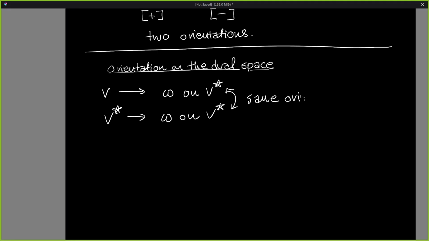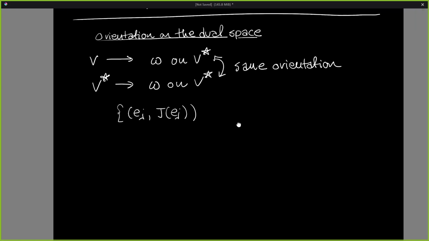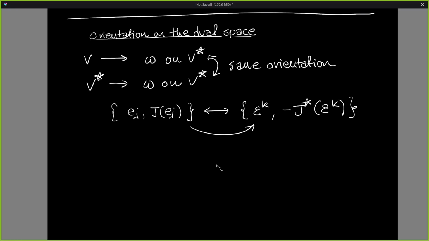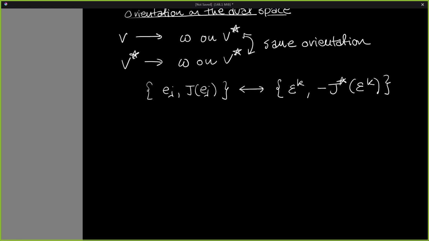This only works for the dual basis on V star. If we have, let's say, e_j, then its dual basis is epsilon^k. So these two will have the same orientation. That's the idea.